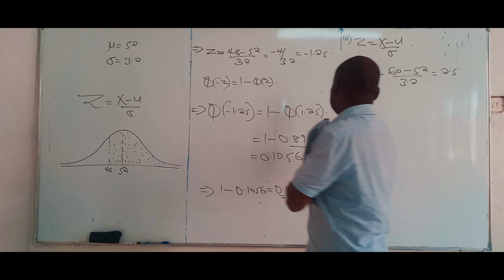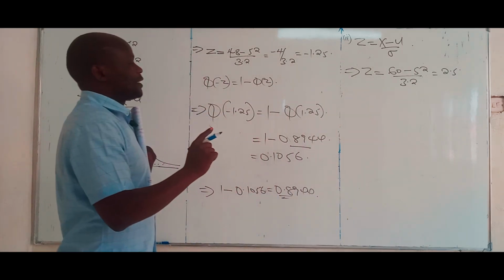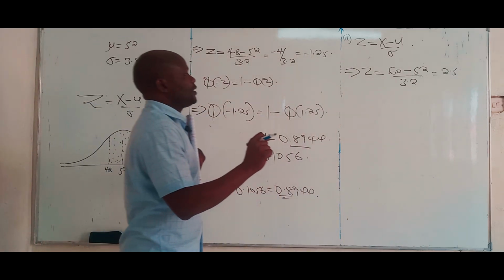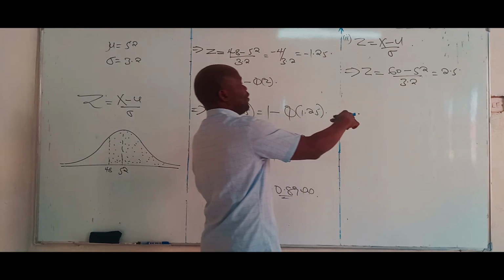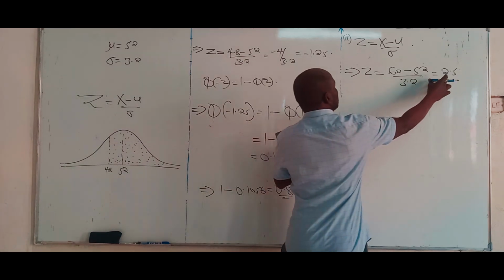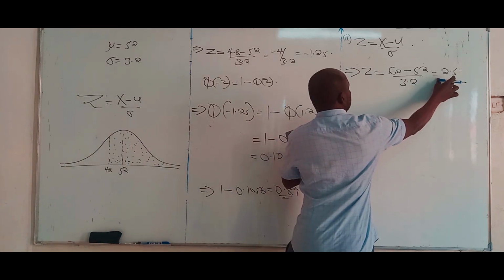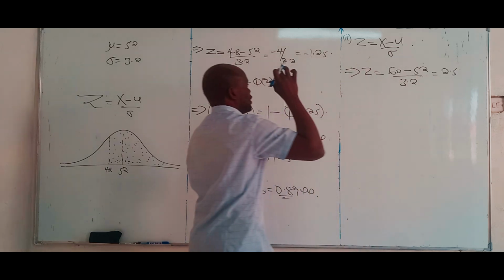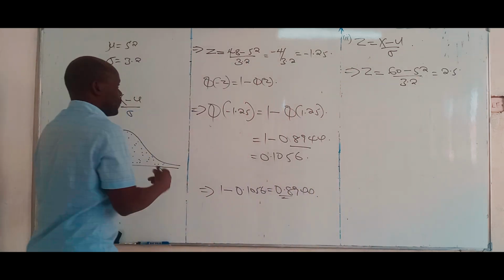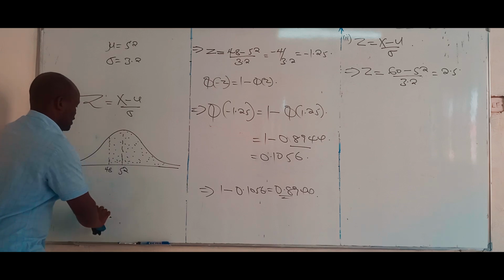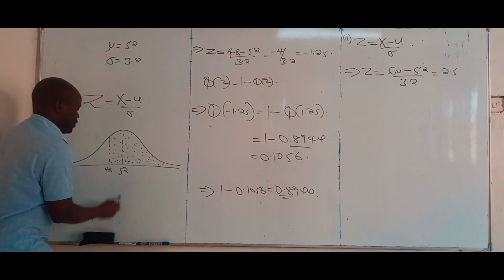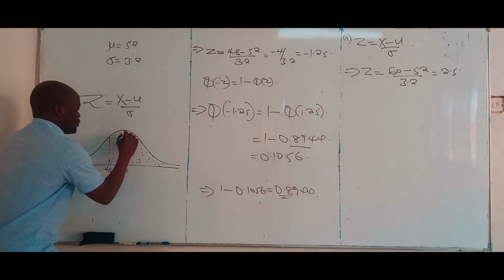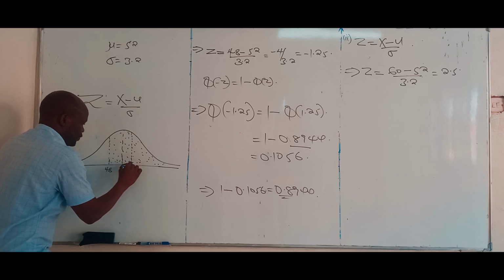So it then means that the probability of a z-score being less than this is what we are going to get. So if I draw it, 60 will be somewhere slightly beyond the mean, beyond the average. So 60 is here.